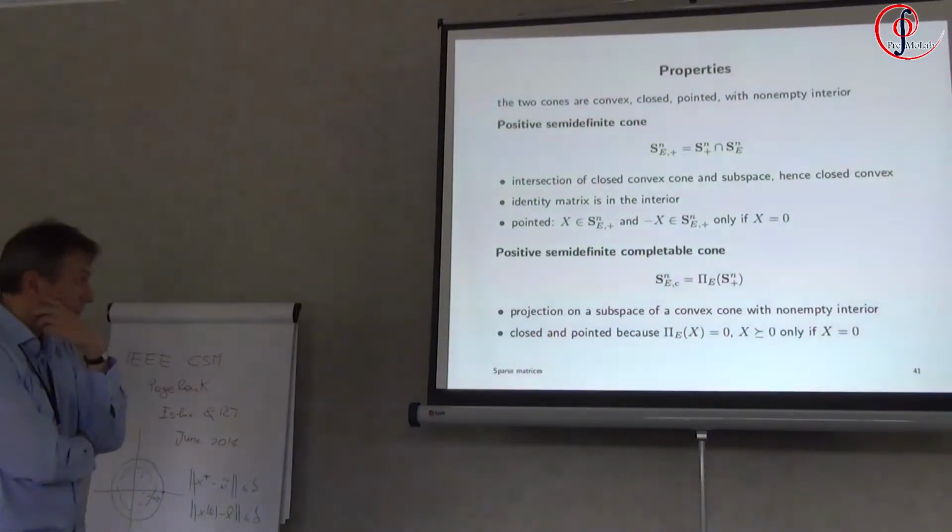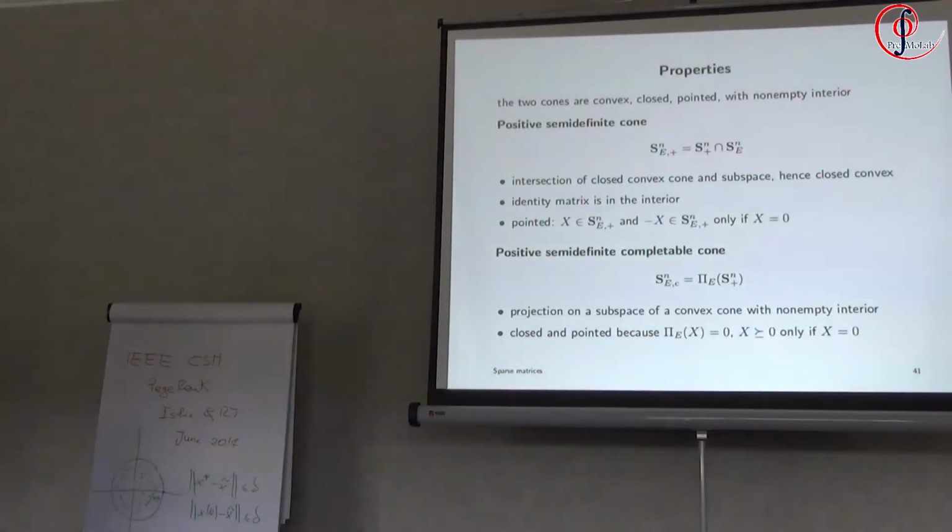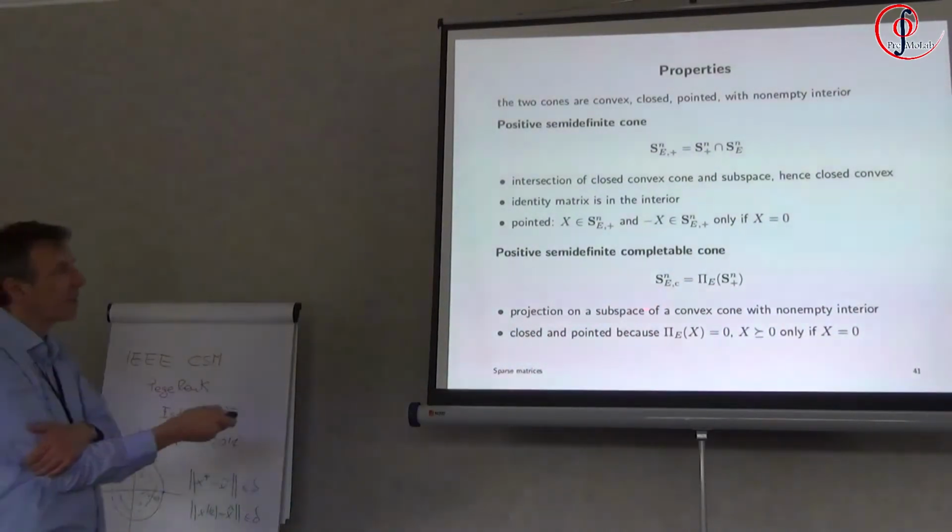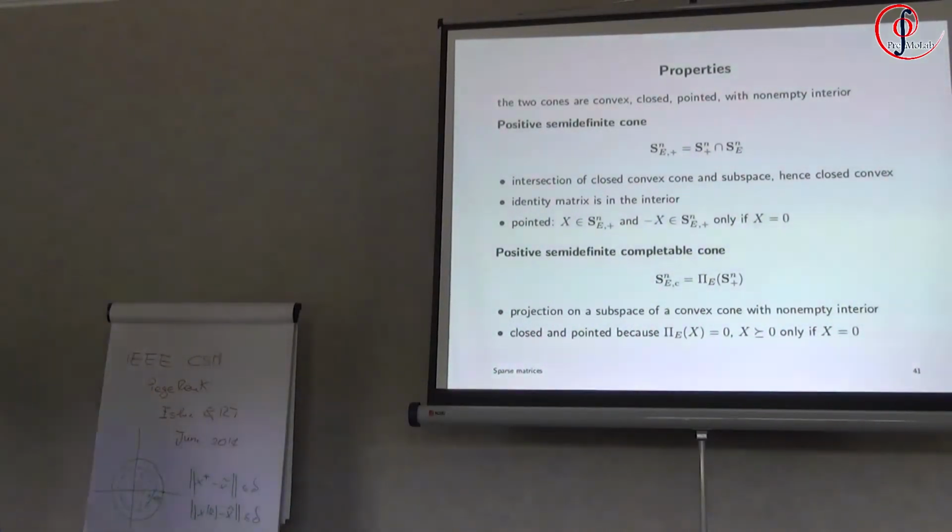So what are some properties? Obviously they're convex. The first one, the positive semi-definite one, is the intersection of the full dense positive semi-definite cone with a subspace that restricts the sparsity pattern. The second one is the projection on a subspace of the positive semi-definite cone.